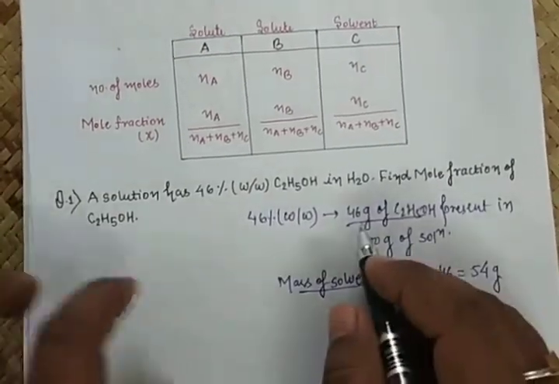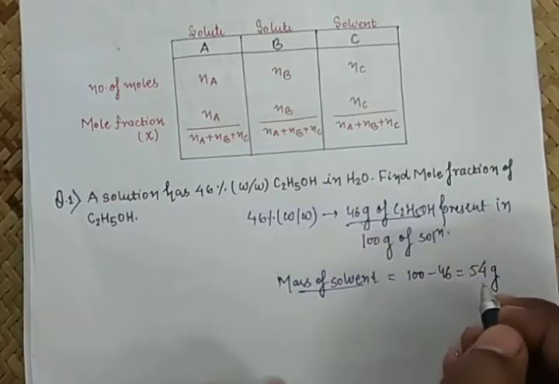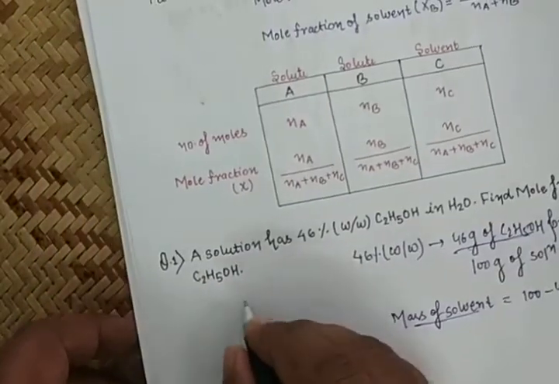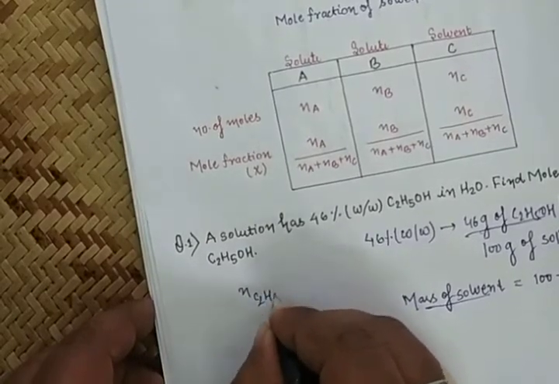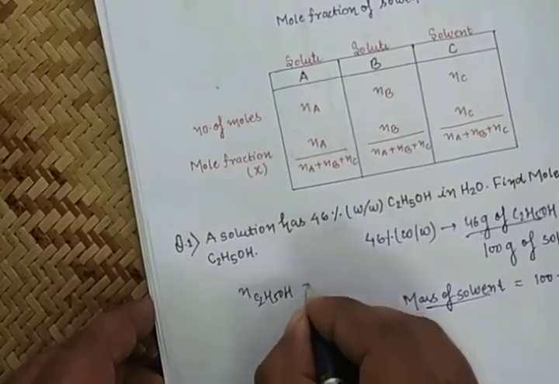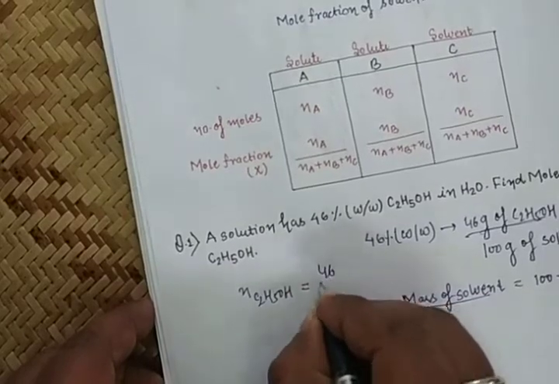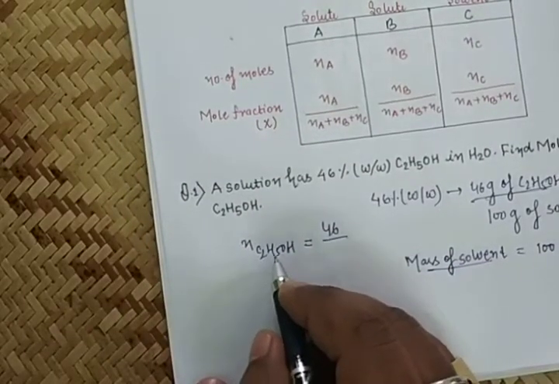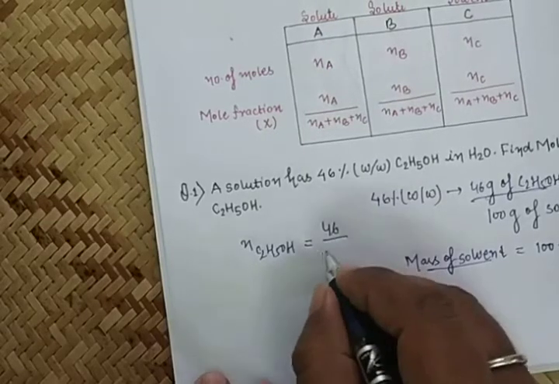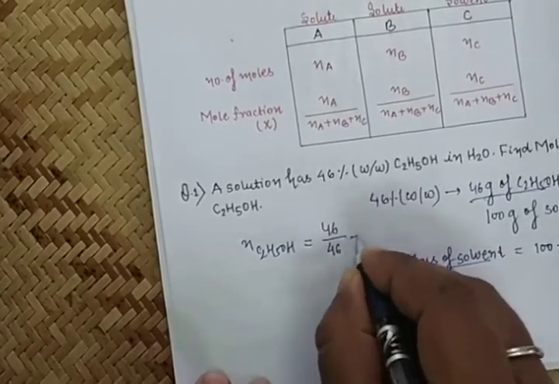The smaller mass is the solute and the larger mass is the solvent. First consider the number of moles of C2H5OH. This is mass upon molar mass. The mass is 46 and the molar mass is, carbon is 12, so 24 and 6, 30... so 46. So it is 1.